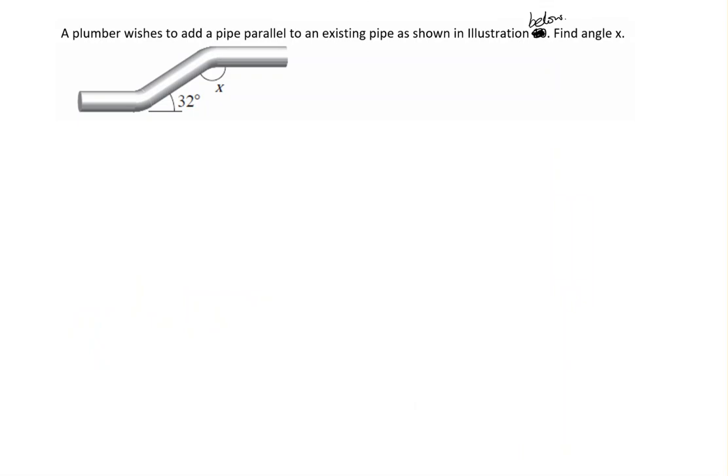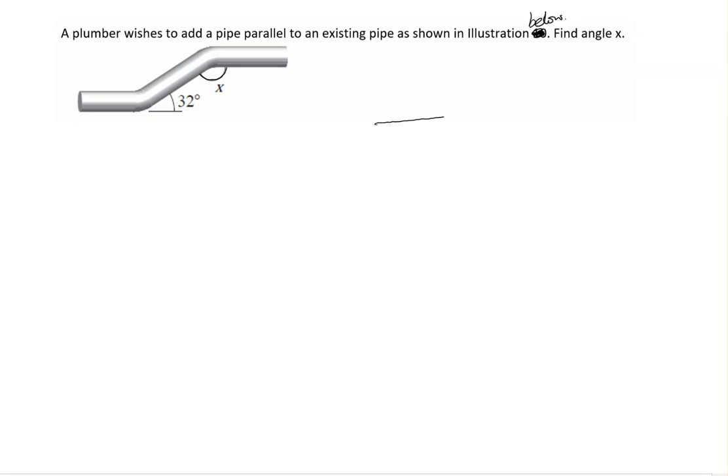Let's try to solve another example in which we can use the information about the relationship of different angles. A plumber wishes to add a pipe parallel to an existing pipeline as shown in the picture here. We need to figure out the measure of angle X. I can just redraw this diagram so that we can work with the new version.